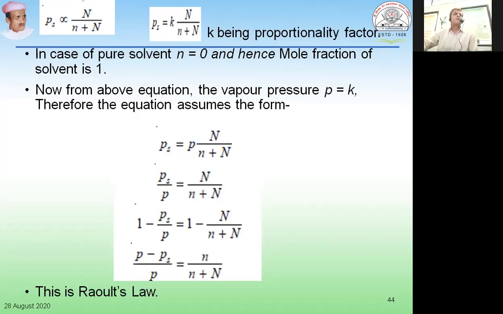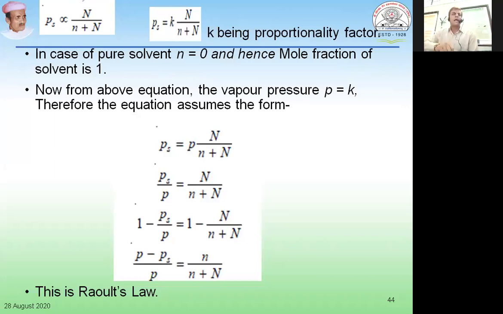We are subtracting the left hand side and right hand side from 1. For simplifying the equation, we get 1 minus Ps upon P is equal to 1 minus mole fraction of the solvent. Simplifying that equation further, we get P minus Ps upon P is equal to the mole fraction of the solute.